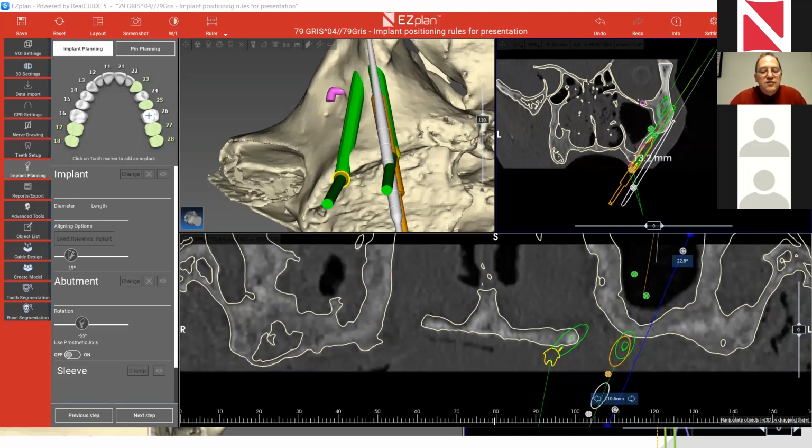Well, the question is from Alexander, if I can discuss the failure and complication. Well, usually zygomatic implants don't fail, as long as they are positioned correctly. So the zygoma bone is not resorbing.